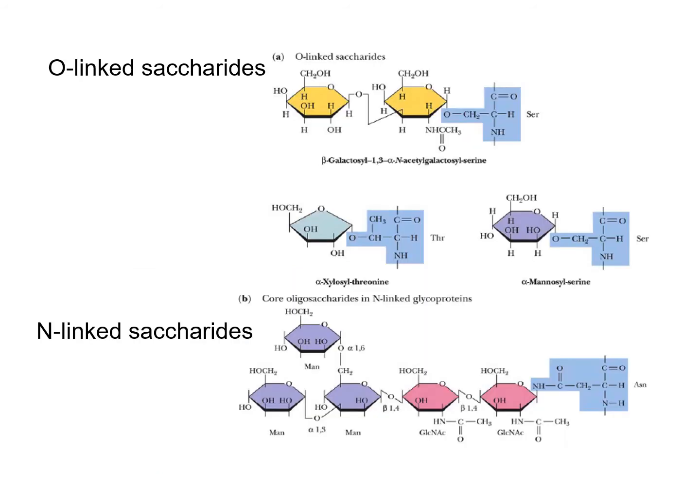Here, this slide shows examples of O-linked saccharides and N-linked saccharides too, and not only monosaccharides, but disaccharides as well as oligosaccharides can be attached to the proteins to make the glycoproteins.